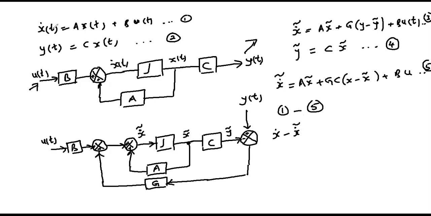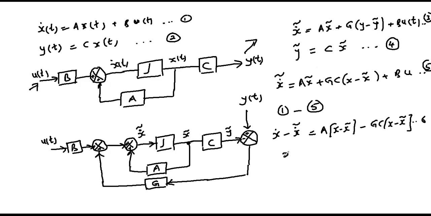So the left-hand side of equation 1 minus the left-hand side of equation 5 will give us the right-hand side: A, which is common, into x minus x estimated, minus GC into x minus x estimated. You notice the Bu and Bu will cancel out, and this we can call equation 6.